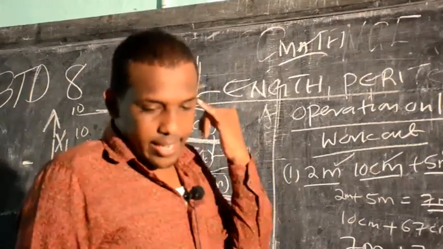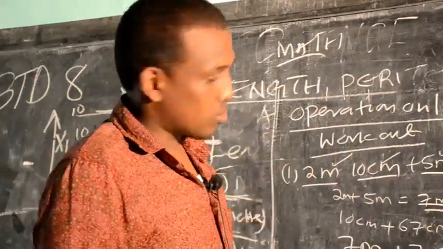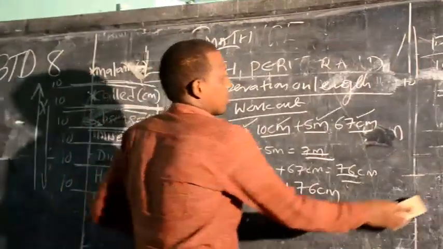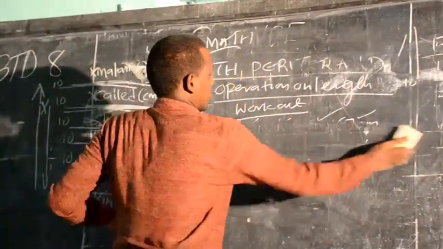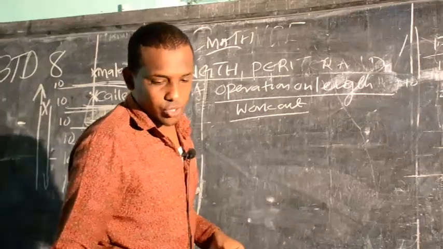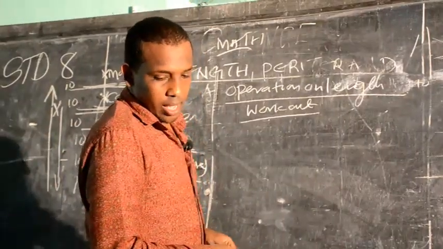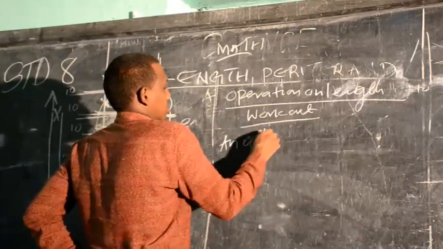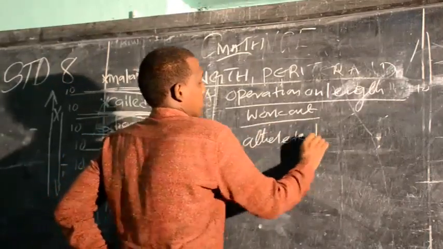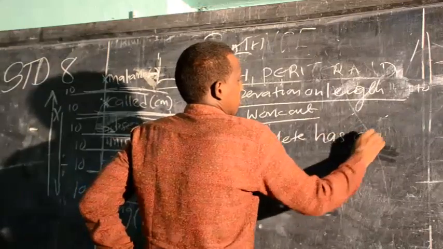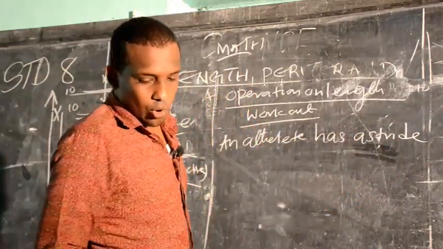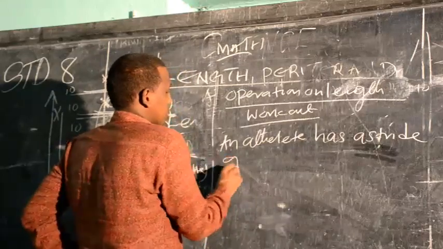On page 89, there's a question there. The question says, an athlete has a stride of 1 meter 25 centimeter.